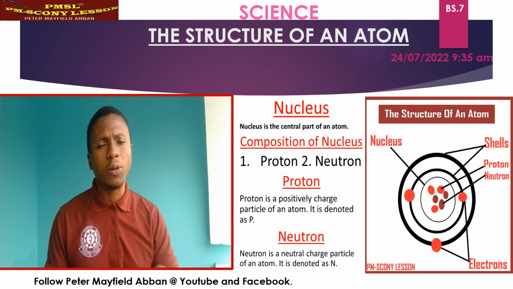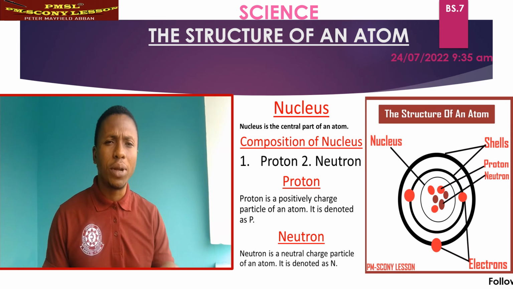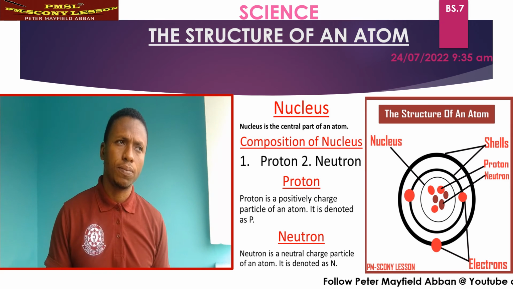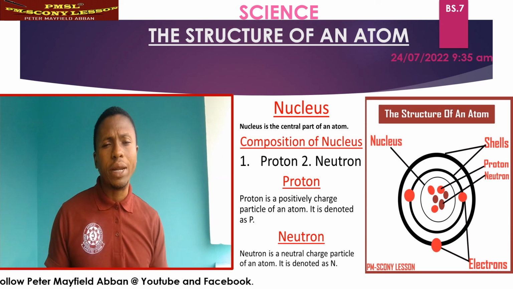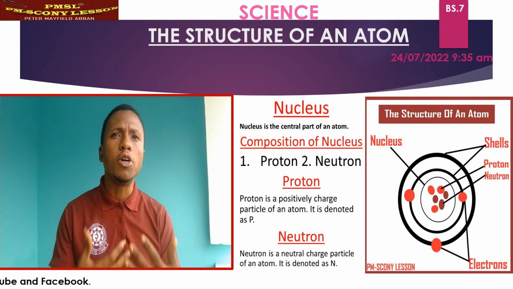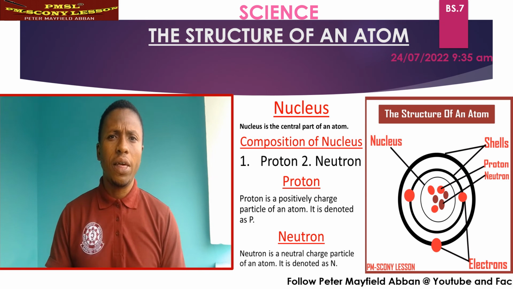The shells are around the nucleus. Electrons orbit around the nucleus in the shells. The shells can also be called rings or energy levels, because the shells determine the energy levels of an atom. Thank you.